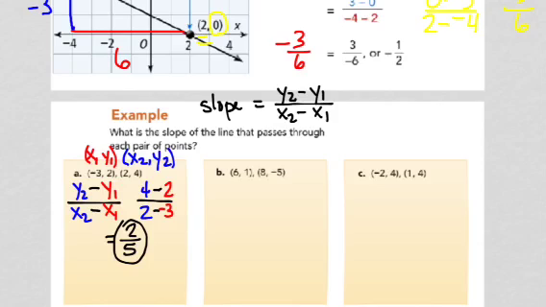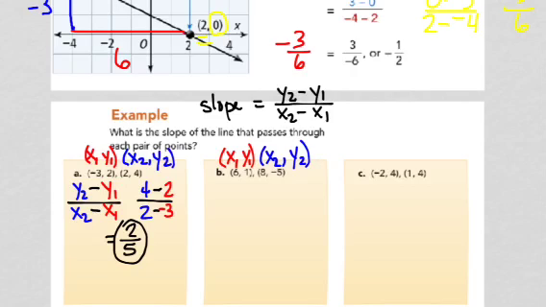Now let's go through this a little bit faster on this next one. I'm going to call this first point x1, y1, and the second point is going to be x2, y2. And I'm ready to plug in numbers.